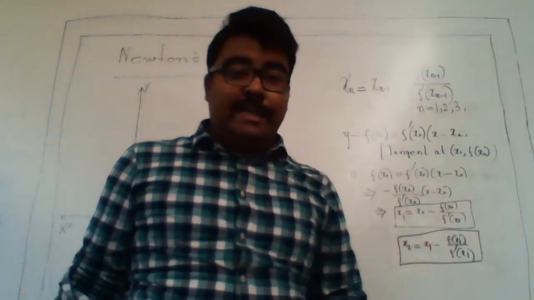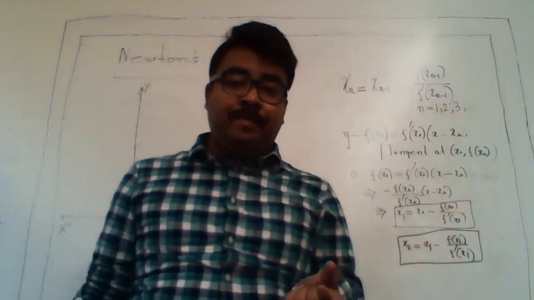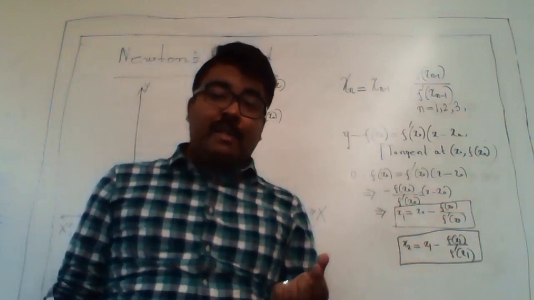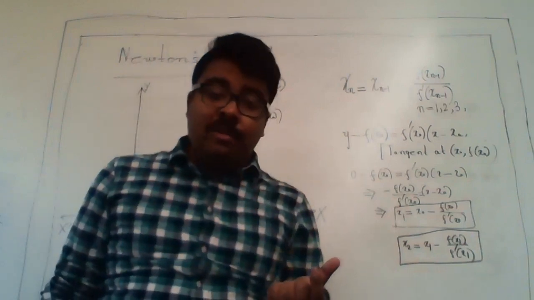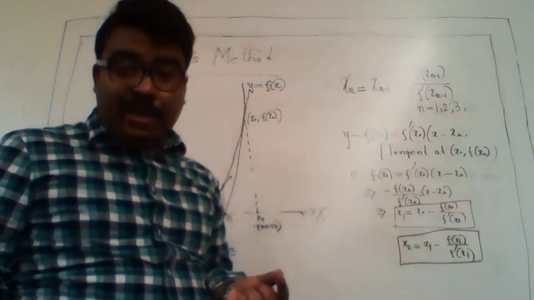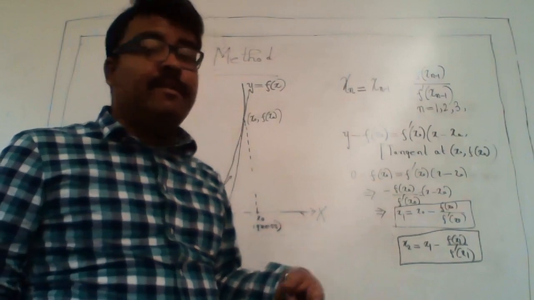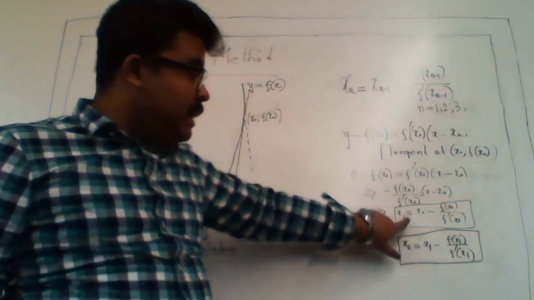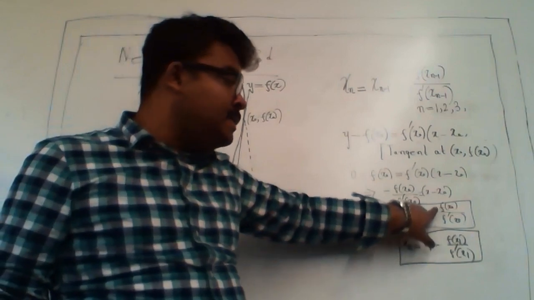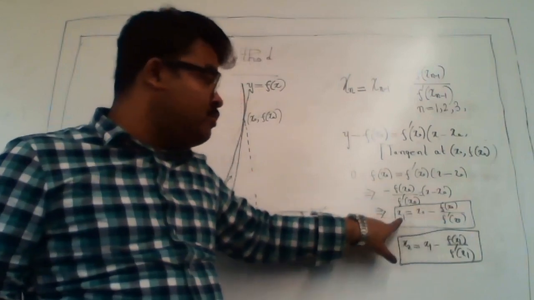Now let's do some problems. So basically, you will be given a guess. That is, you will be supplied with the value of x0. You will be also supplied with the function f. So first, you know x0, you know the function f. So you can find out the derivative, and then you can, using this formula, x1 equal to x0 minus f of x0 by f prime x0, you can find out x1.